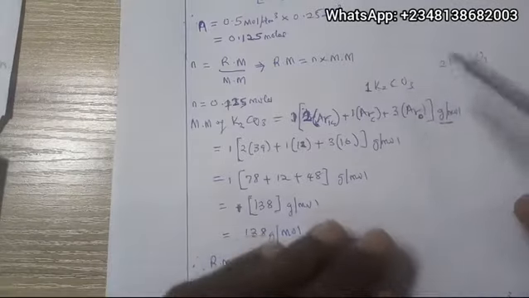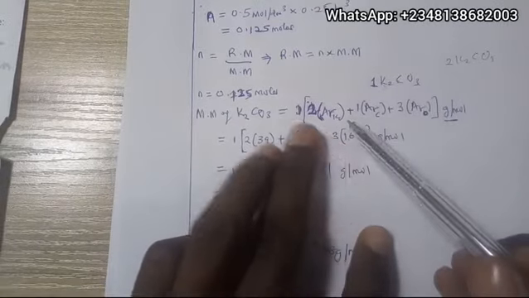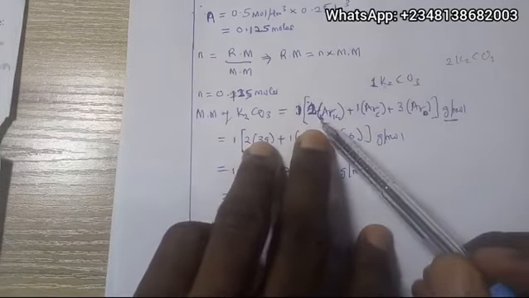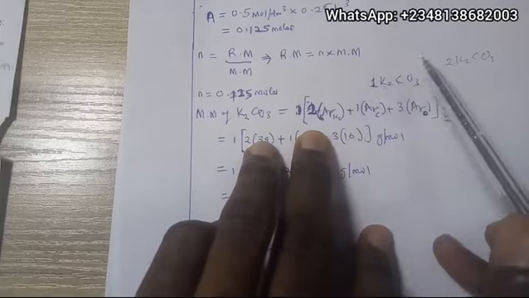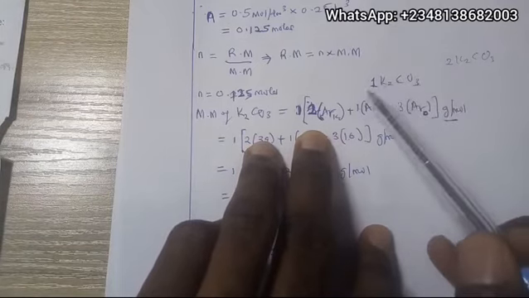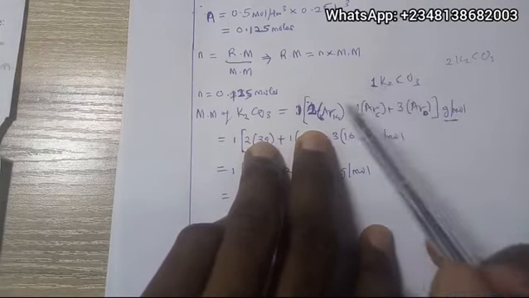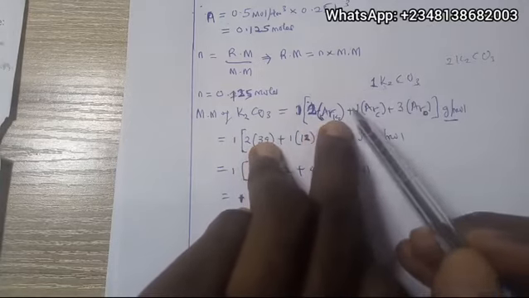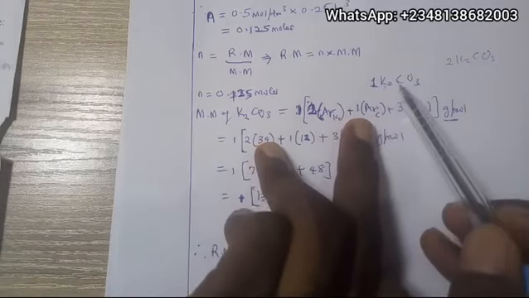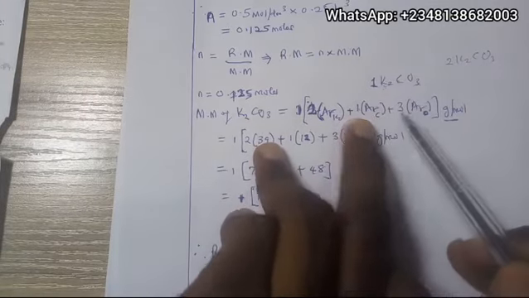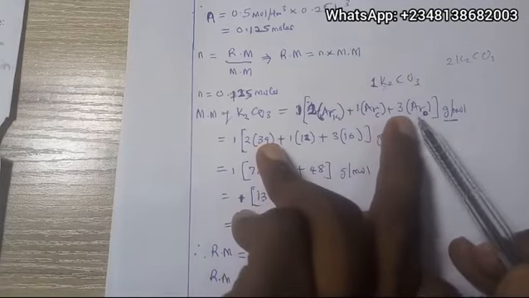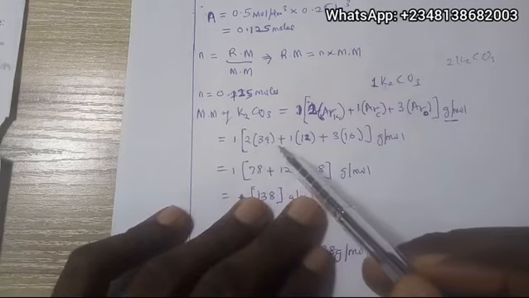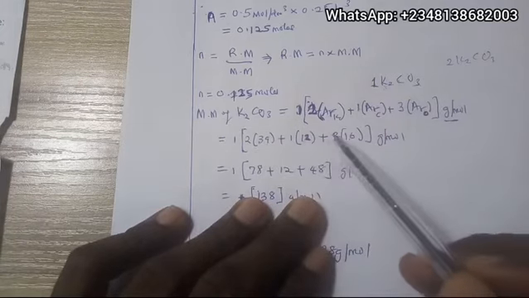So having that in mind, we put it into consideration here. Remember the 1 here is still here. There are 2 moles of potassium atom, so we use the relative atomic mass of potassium. So 2 times relative atomic mass of potassium in bracket, plus 1 times relative atomic mass of carbon, plus 3 times relative atomic mass of oxygen in bracket. We now replace with the values: 2 times 39 plus 1 times 12 plus 3 times 16.